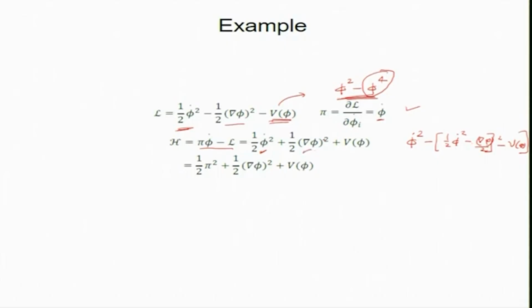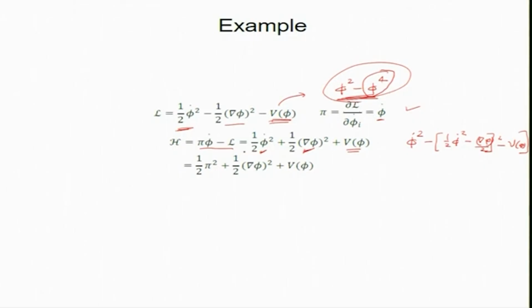Now this grad phi is like some kind of tension. I had told you for the string we call this a potential, but in field theory these kinds of terms are called potential. Intuitively you can think of grad phi as potential also, but this notation keeps changing the definition. So this is coming from here.